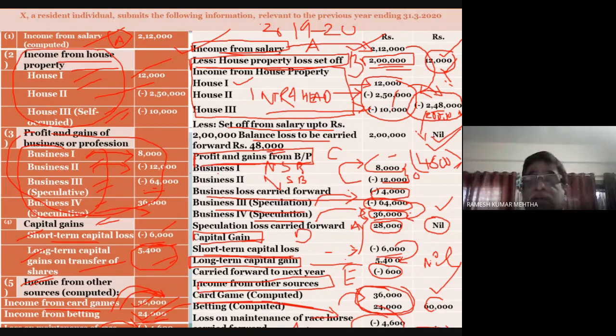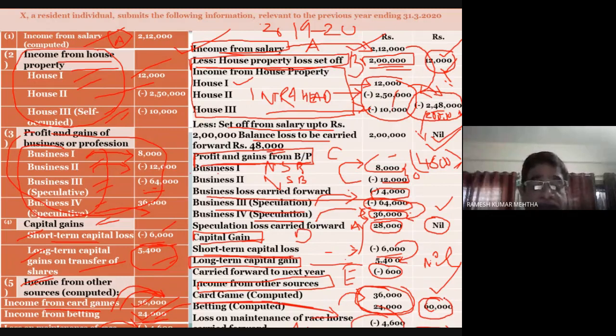72,000. So this is the gross total income of the assessee. So hope you understood the problem, and please remember a very important rule. You can ask me a question, sir, there is an income of 60,000 rupees from income from other source.